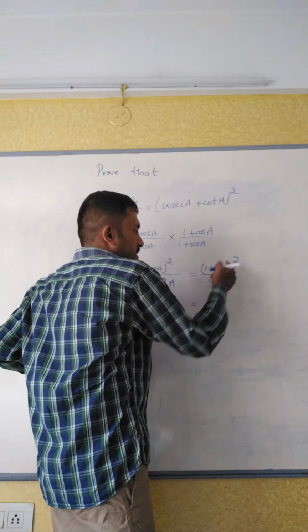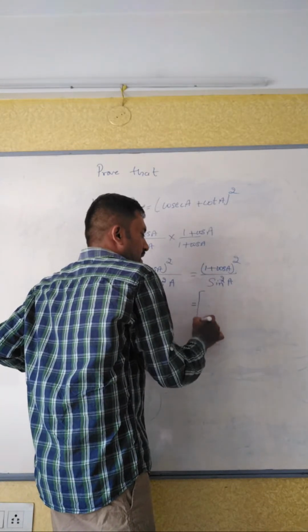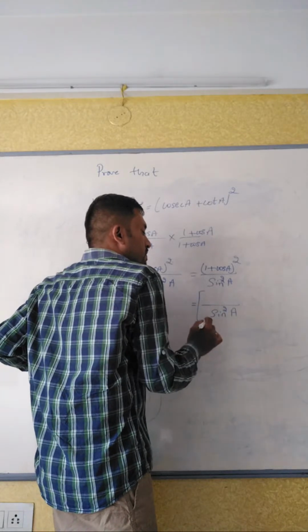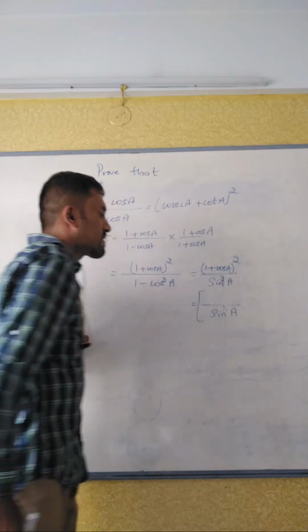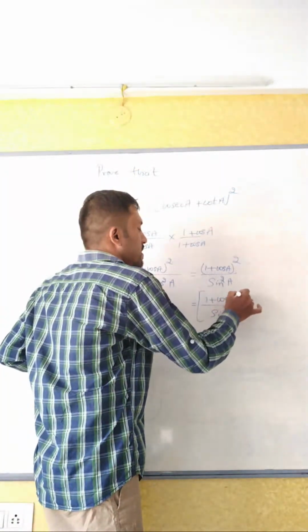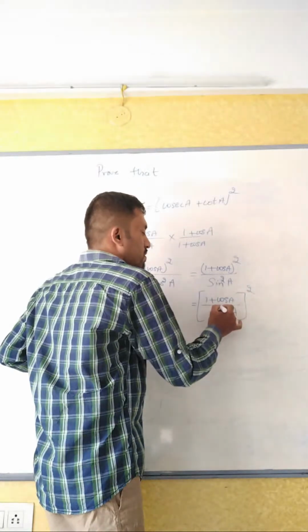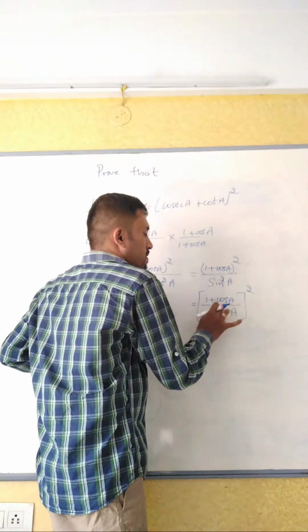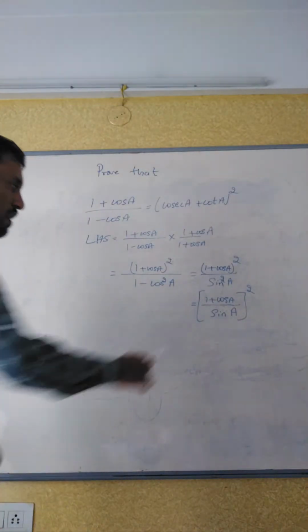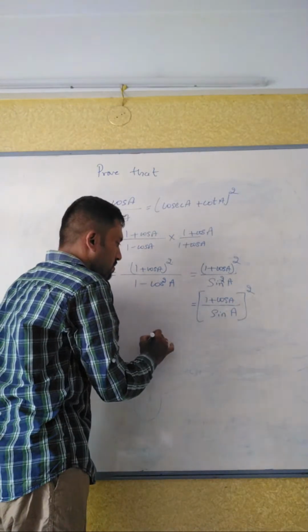Now let me write this sin square inside the bracket as sin A and 1 plus cos A whole to the power 2. Now I distribute that sin A denominator to both the numerators.